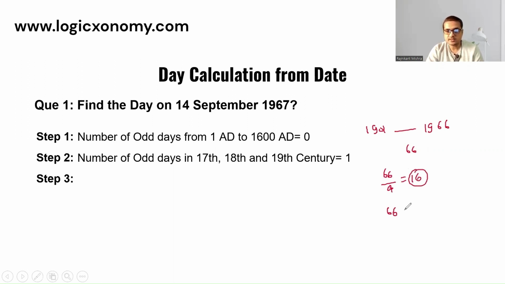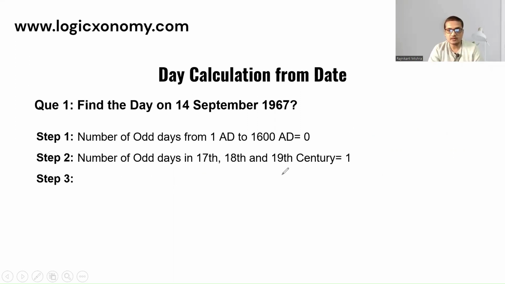Non-leap years are 66 minus 16, which is equal to 50. 16 leap years with 2 odd days in each leap year, and 50 non-leap years with 1 odd day in each non-leap year, divided by 7. 16 by 7, the remainder is 2. 50 by 7, the remainder is 1. 2 into 2 is 4. 4 plus 1 is equal to 5. It means the total number of odd days from 1901 to 1966 is equal to 5.